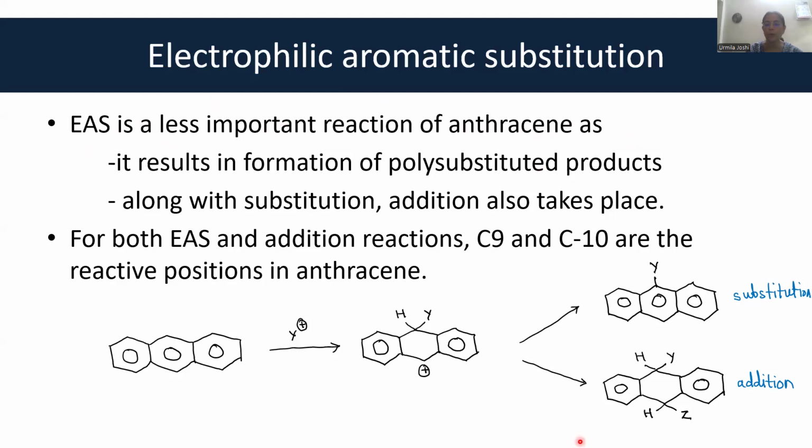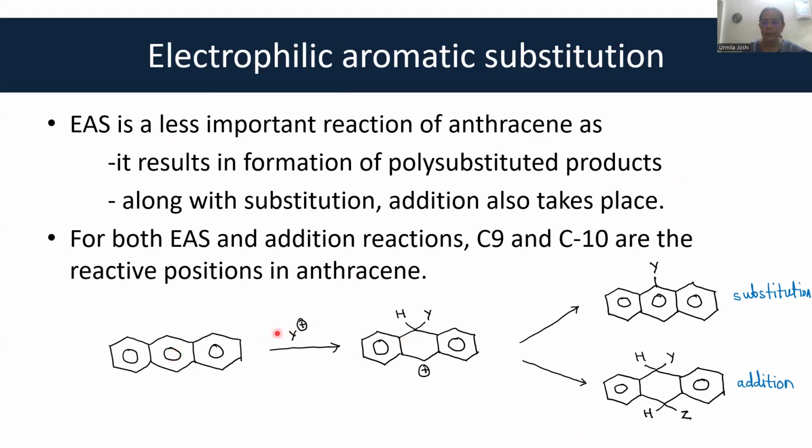That is because of two reasons. One is formation of polysubstituted products, which happens because along with substitution, addition reaction also takes place. For both electrophilic aromatic substitution and addition, C9 and C10 are the reactive positions. As I mentioned, C9 and C10 are the positions where most of the reactions happen. Now look at this.